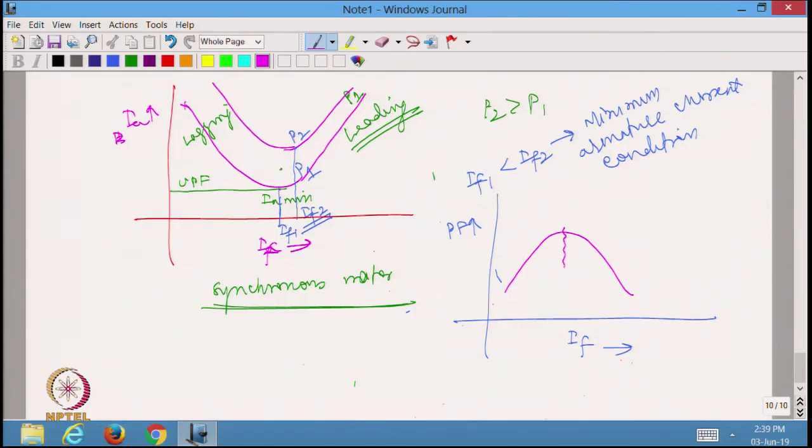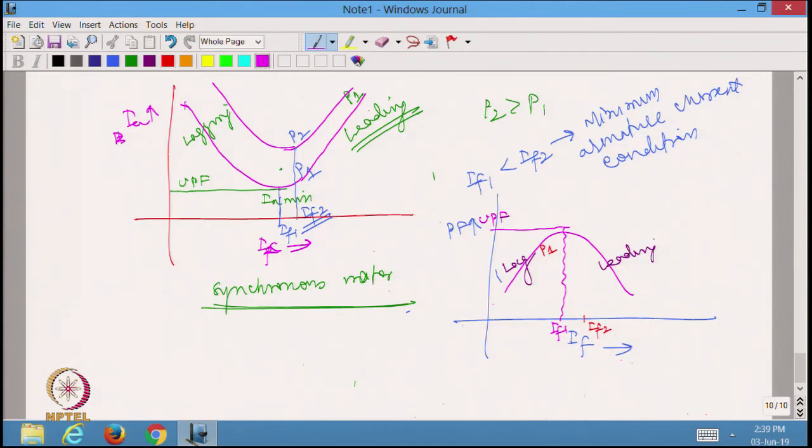So, this field current, IF1, is corresponding to unity power factor condition, whereas this will be lagging and this will be leading. Let us say this corresponds to P1, a particular power. If I am talking about P2, we said IF2 will be the optimum current corresponding to the higher power condition.